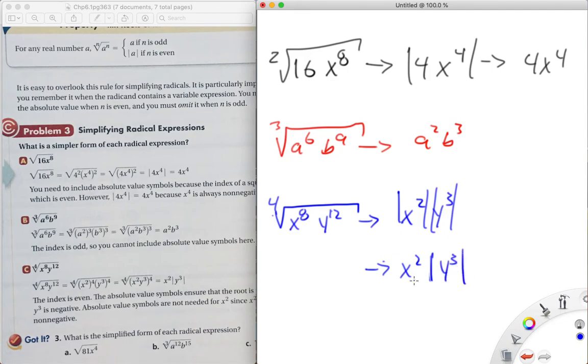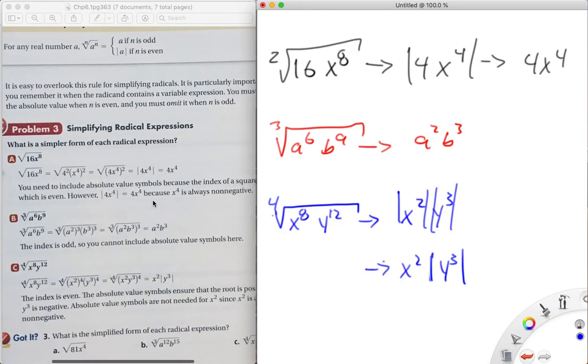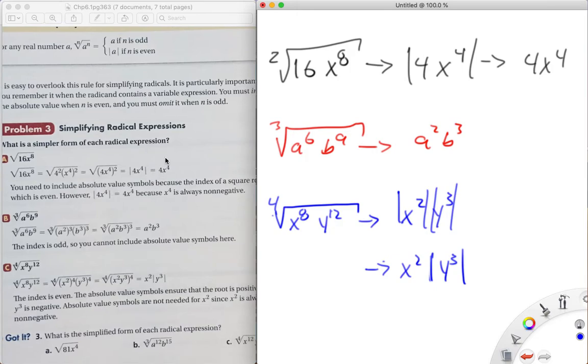So that works. After you do the roots and you get an odd exponent as your answer, then you keep the absolute value symbol. Notice up here it says, however, absolute value of 4x to the 4th is 4x to the 4th because x is always non-negative, meaning that if your answer is an even exponent, you don't need to keep the absolute value.